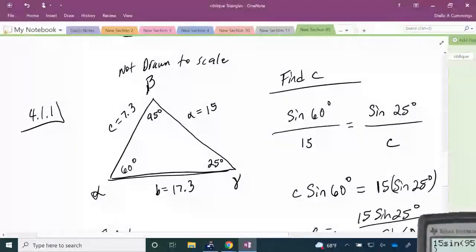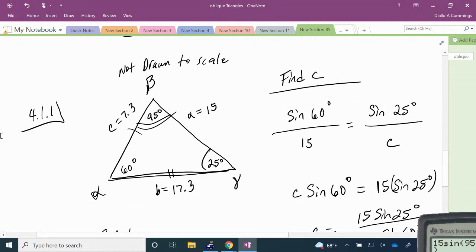If I go back to my triangle, I see that the smallest angle is 25 degrees. Opposite the smallest angle should be the smallest side length, so 7.3 is the smallest side length. And if I look at angle B, angle B is my largest angle, and side length B is in fact the largest side length.